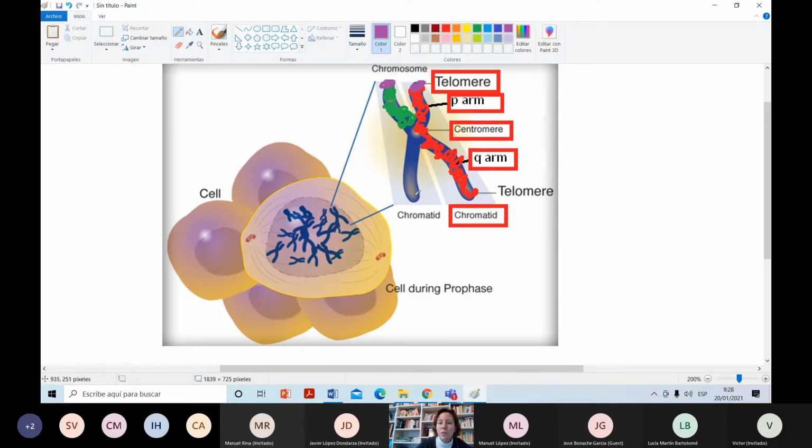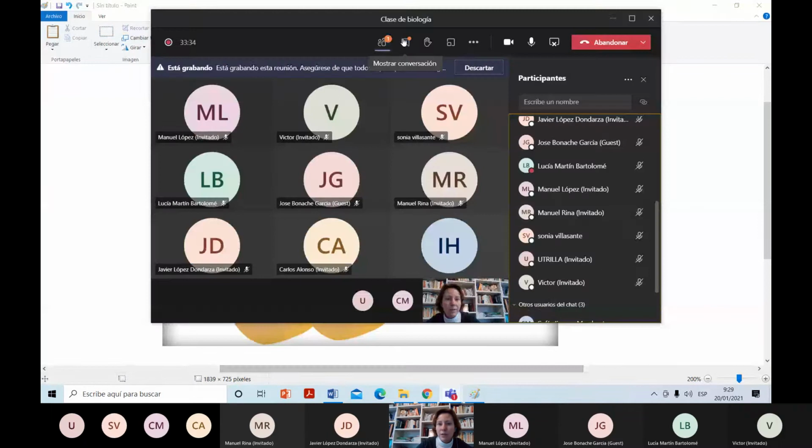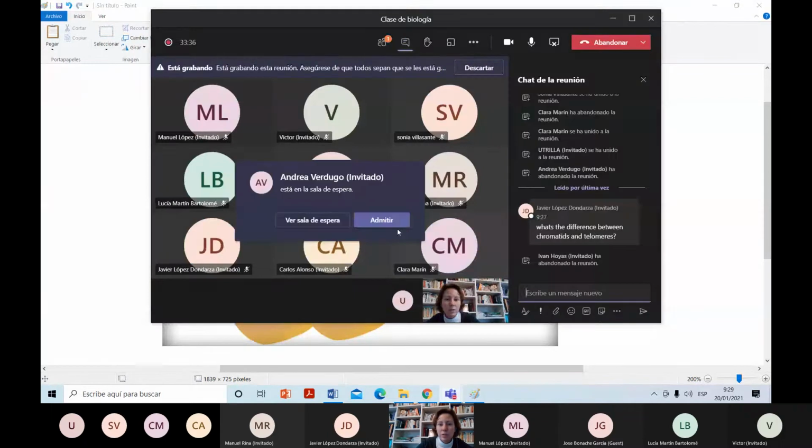So we've got 1, 2, 3, and 4 telomeres, because there's one in this P arm, one in this P arm, one in this Q arm, and another one in that Q arm. While we've got 2 chromatids, each one includes 2 arms and 2 telomeres. Have I solved your doubt?